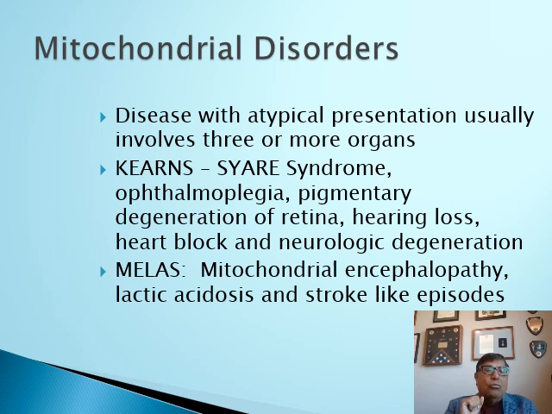The most common one, and people know about this, is Kearns-Sayre syndrome, where there is ophthalmoplegia, pigmentary degeneration of the retina, and hearing loss. They also have heart block and neurodegeneration. And this is a mitochondrial disorder called Kearns-Sayre syndrome.